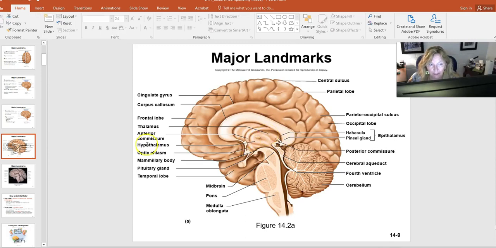Below the thalamus is a major organ, really, of the endocrine system called the hypothalamus. This hypothalamus is now considered to be kind of the seat, or the throne, of your universe. The reason that it is considered that is because this is controlling a gland called the pituitary gland.